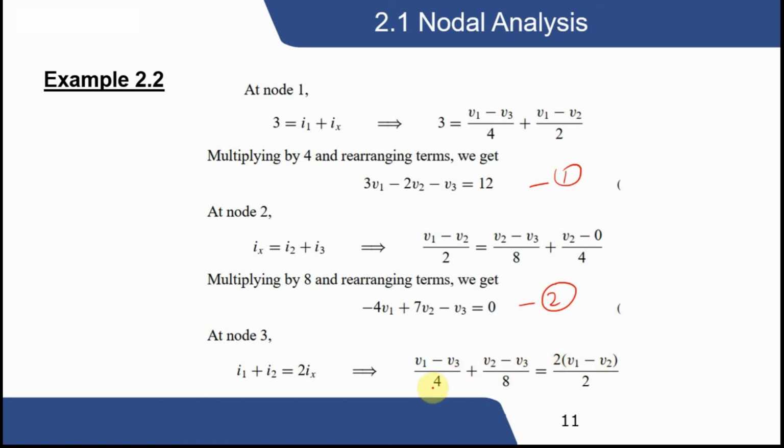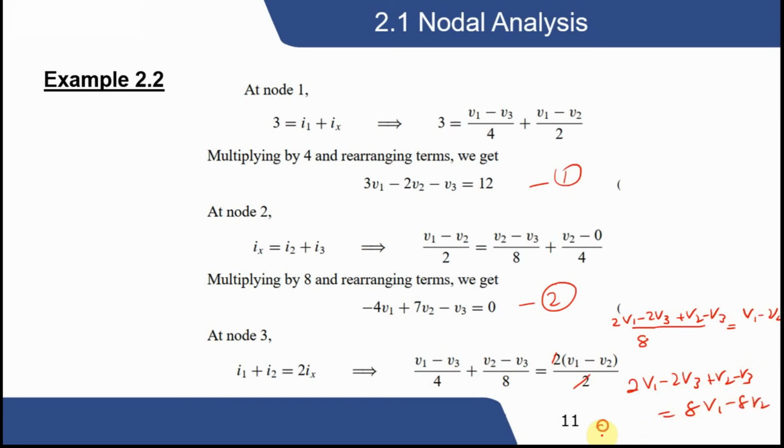For equation 3, if we solve it, the LCM is 8. So 2V1 minus 2V3 plus V2 minus V3 equals, the 2s cancel, V1 minus V2 times 8. So 2V1 minus 2V3 plus V2 minus V3 equals 8V1 minus 8V2.